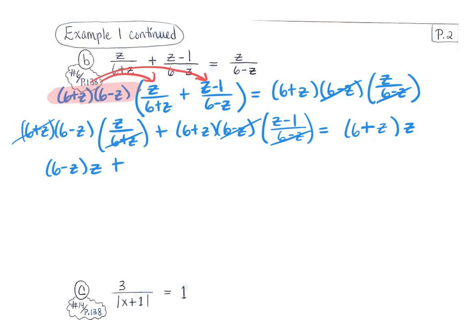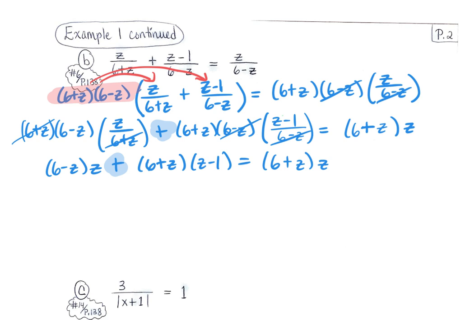This plus comes from here. Yes. 6 plus z times z minus 1. Good. Equals 6 plus z times z.